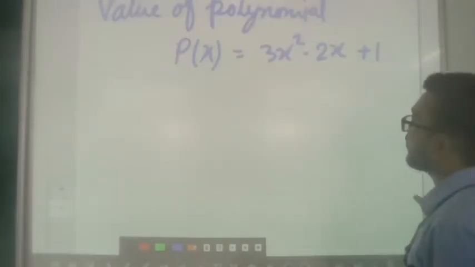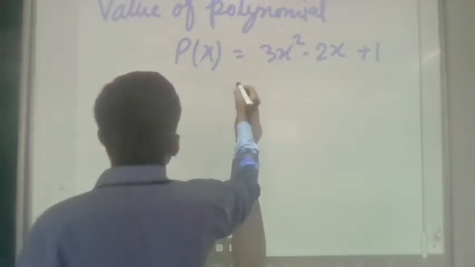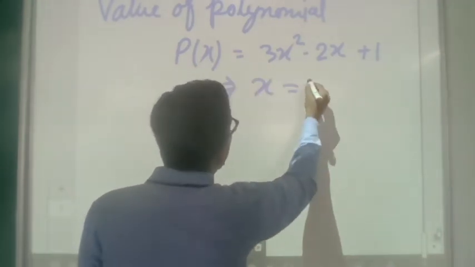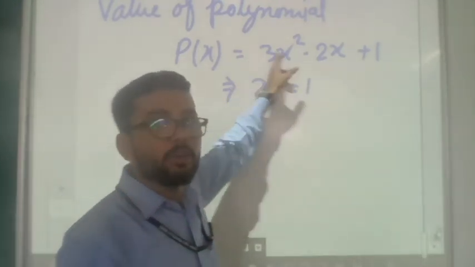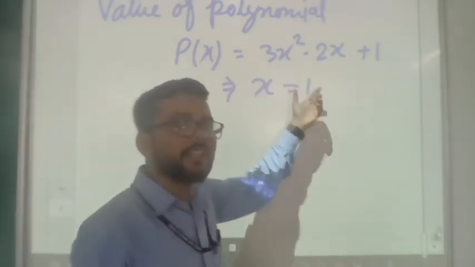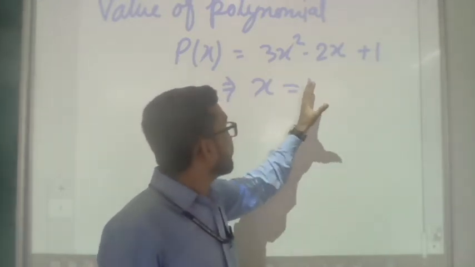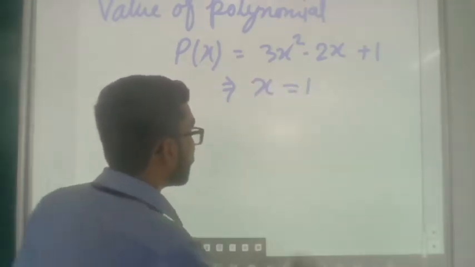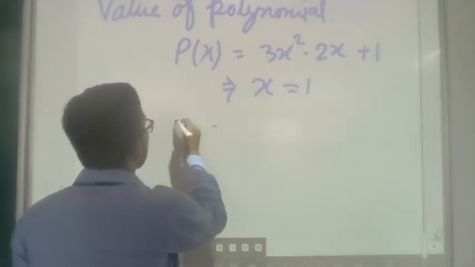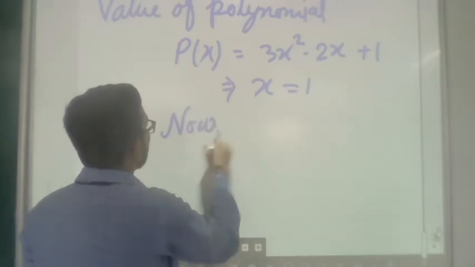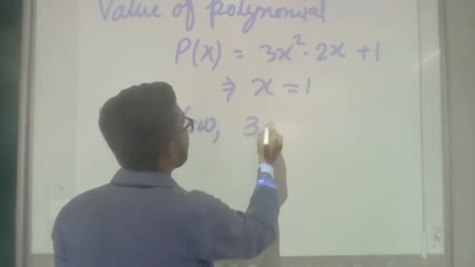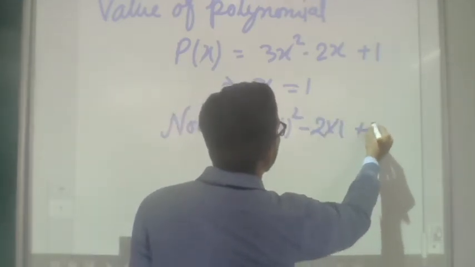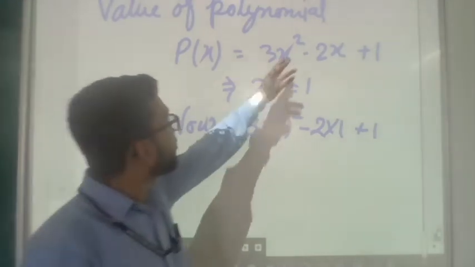Suppose we take the real number 1. If we replace x by 1, what will happen? We get 3 into 1 squared minus 2 into 1 plus 1. Here we have replaced x by 1.